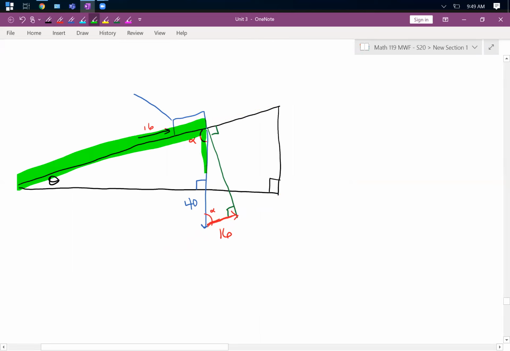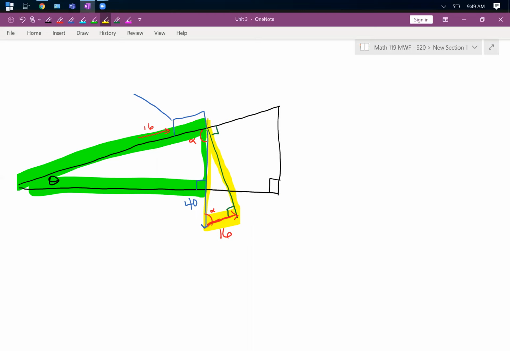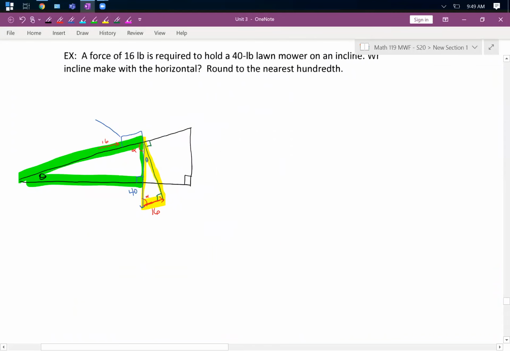Looking at this right triangle versus this right triangle, we notice that they both have a right angle and an angle alpha, so that means that their third angle has to be the same as well. So this has to be angle theta up here. And I'm going to break out that yellow triangle.